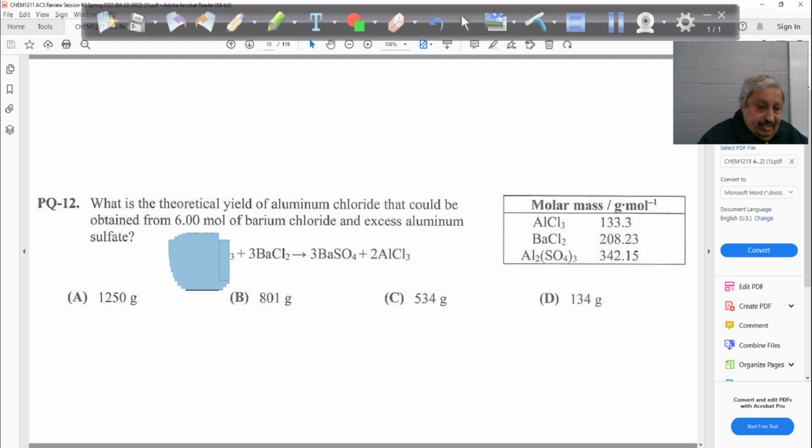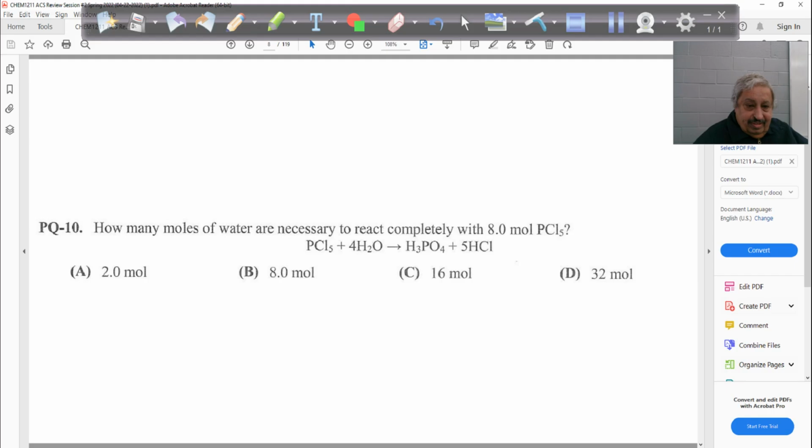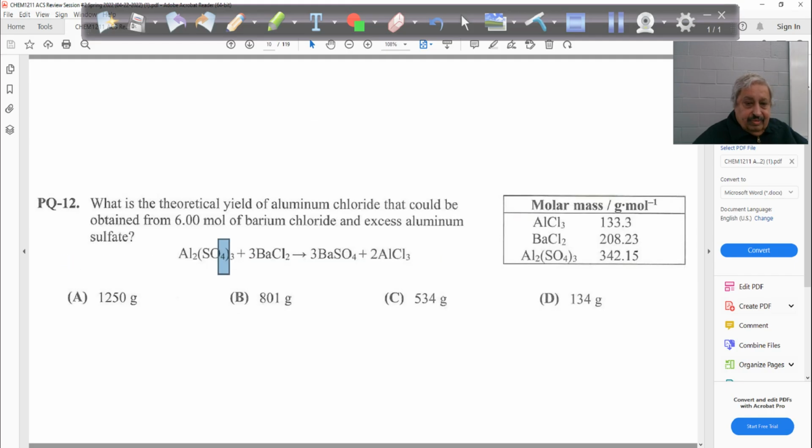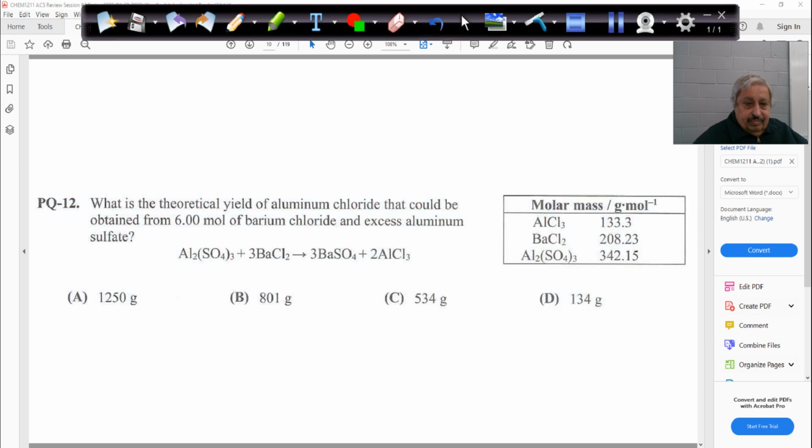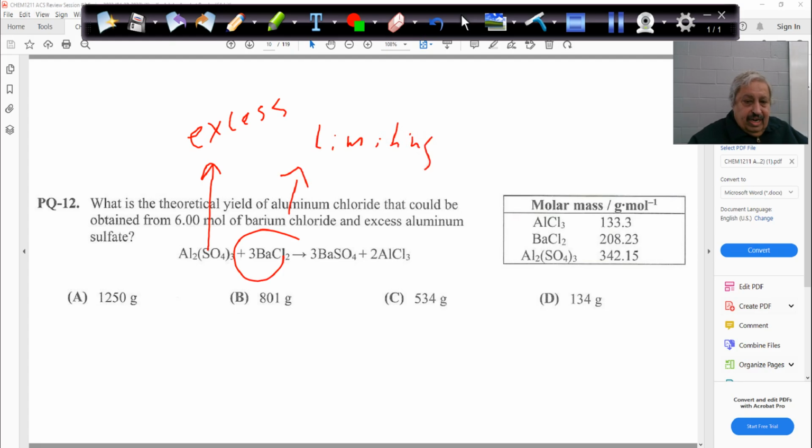So this is excess. This will be limiting. So we'll base our calculation on our limiting reactant, correct?